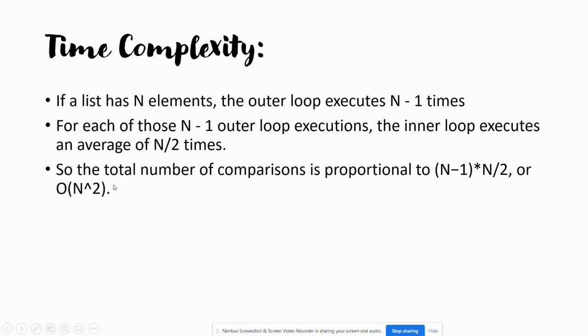The largest term, the expression which actually affects the time complexity, is n square. That is why it is considered order of n square. This is all about selection sorting.